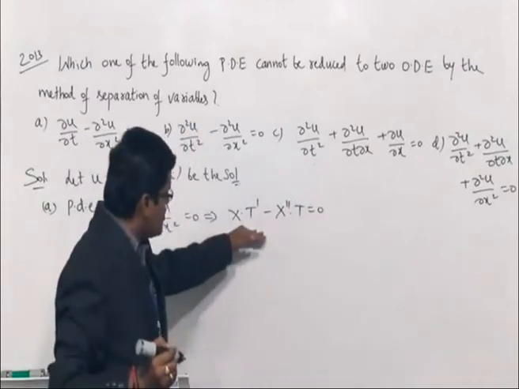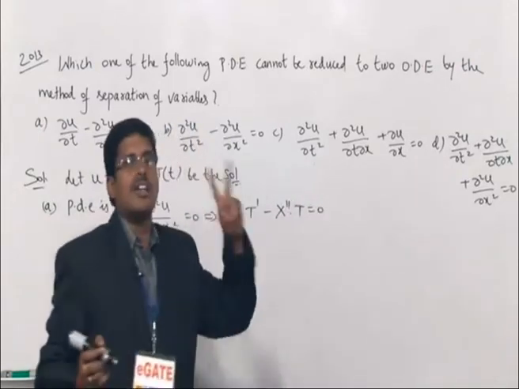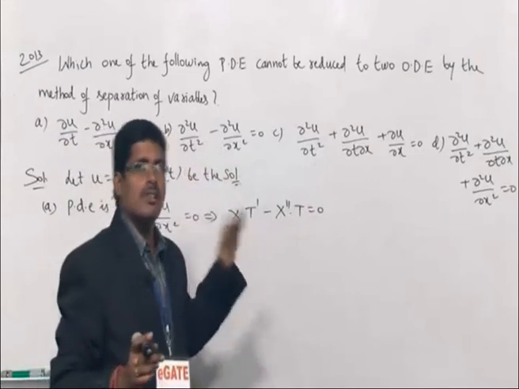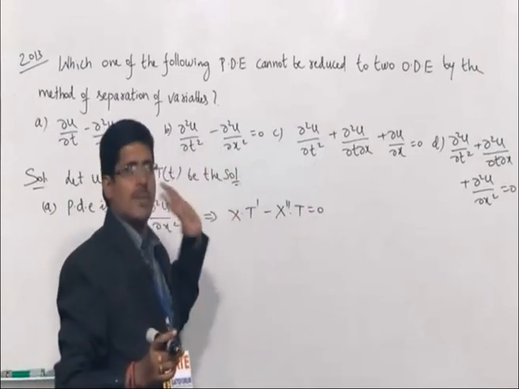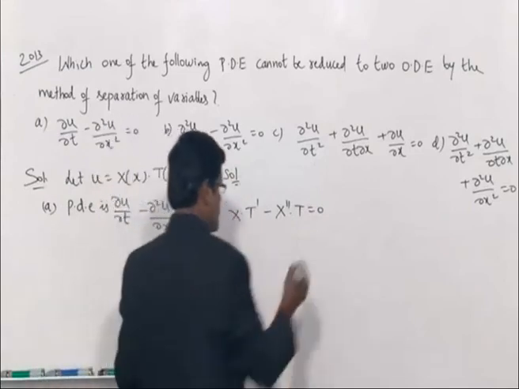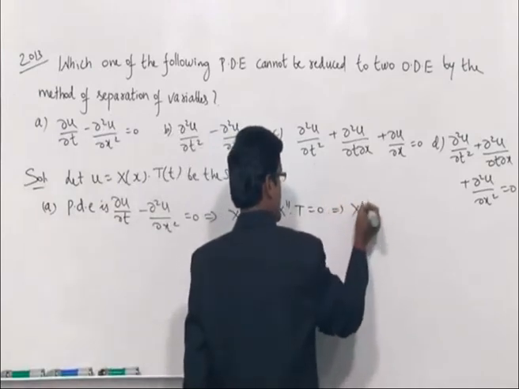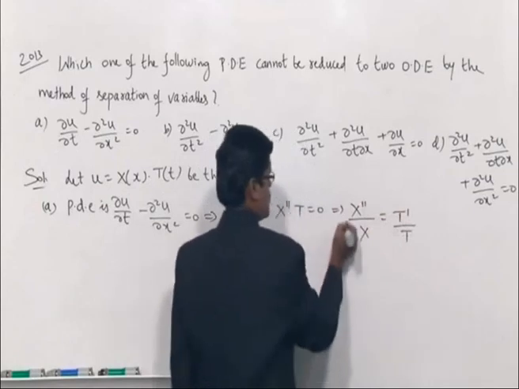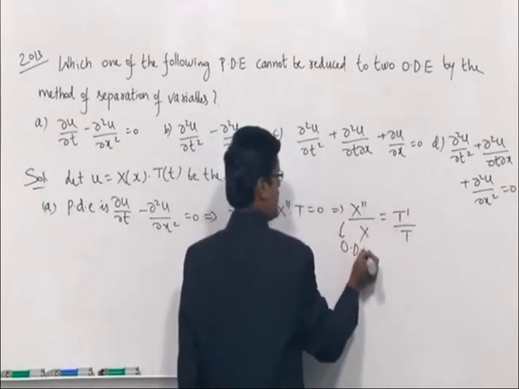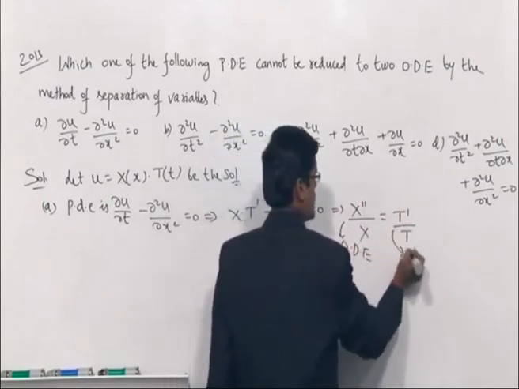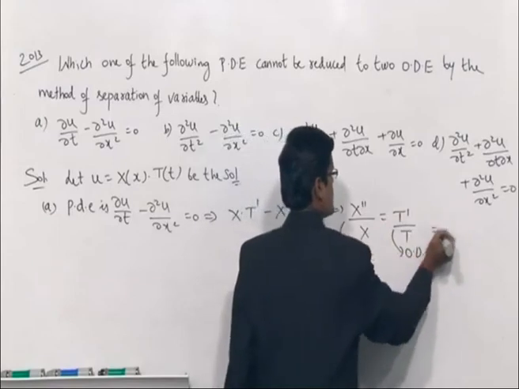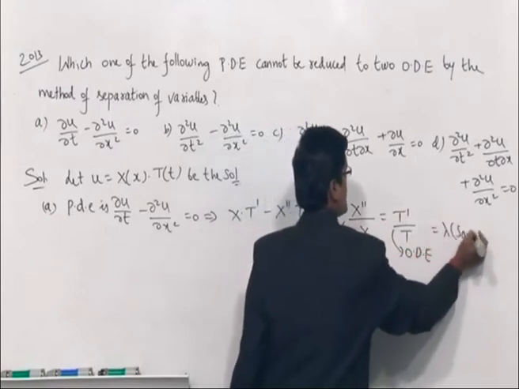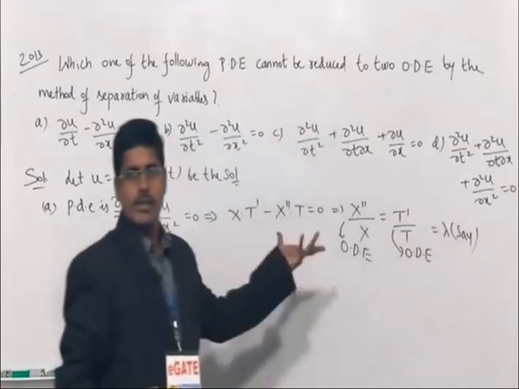Now you show whether this goes to two ordinary differential equations or not. Otherwise, that is the option. Answer is this option. So this is reducible to x double dash by x is equal to t dash by t. So this is an ordinary differential equation, and this is also an ordinary differential equation, is equal to lambda, a constant, say. Okay.